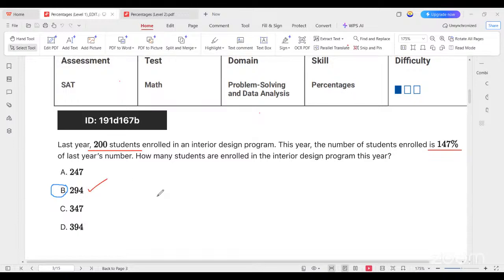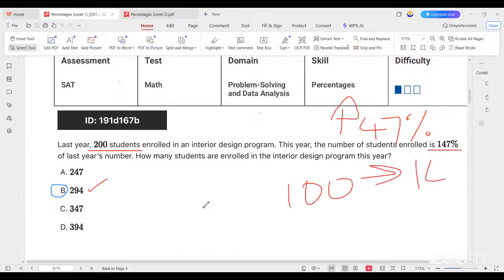Yeah, explain. So 147% is equal to 1.47. To get the number of students this year, you just multiply 200 by 1.47, which is 294. So there is an increase of 47%. 100 becomes 147, an increase of 47%.